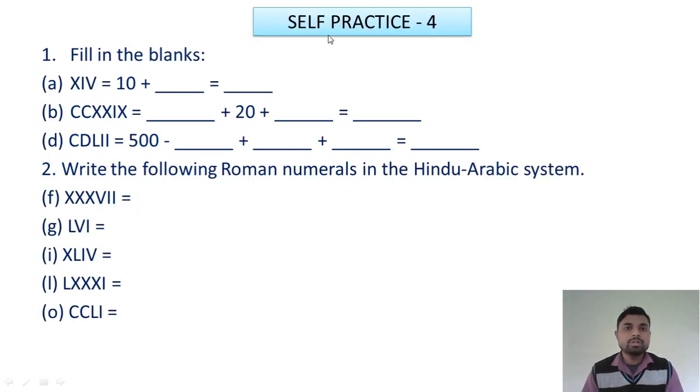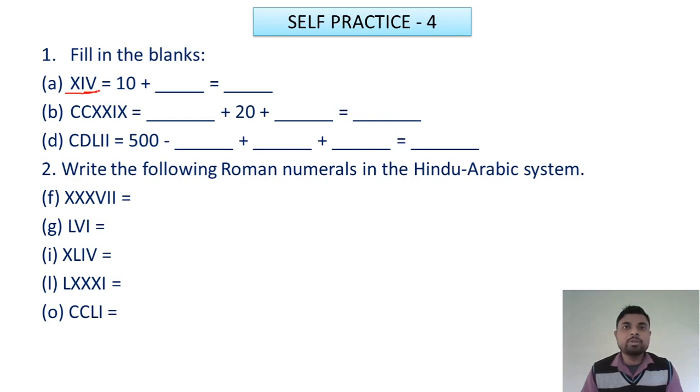Now come to self practice 4 from your Learning Composite Mathematics book. Question number 1. Fill in the blanks. So here what is given? Roman numerals are given. From these Roman numerals you have to convert into Hindu Arabic numerals. Okay. So here just see, X and IV.